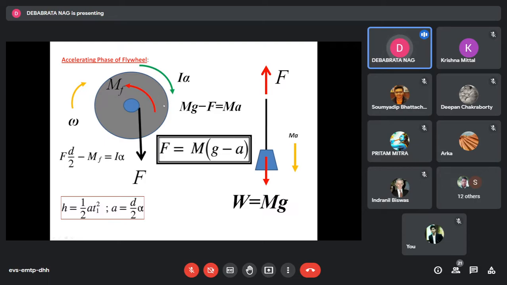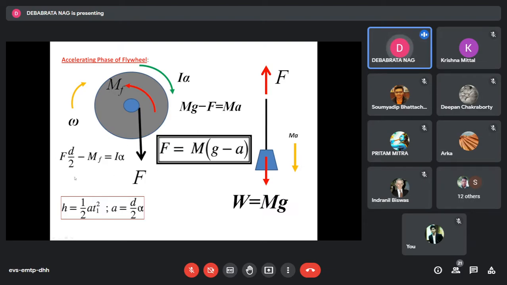And as I told you, there is a friction offered by the bearing. The total frictional moment is mf. This is the total frictional moment offered by the bearings of the system. There are two bearings, and the total frictional moment is mf, not the individual frictional moment. So if I apply again Newton's second law, actually this is Euler's equation.